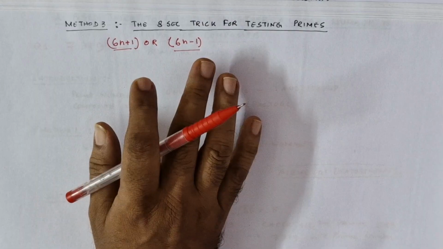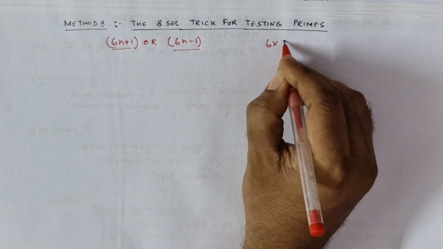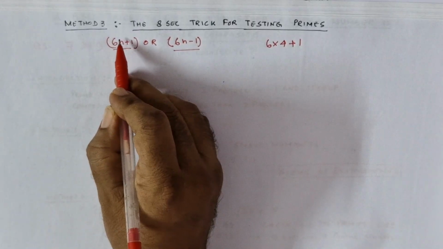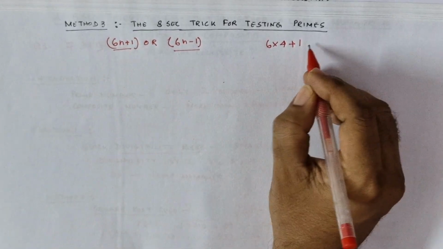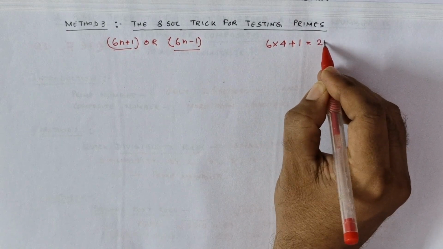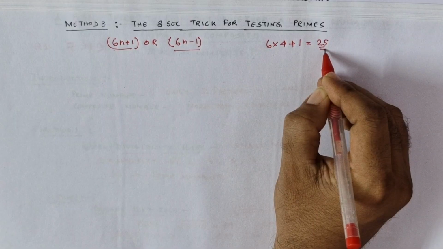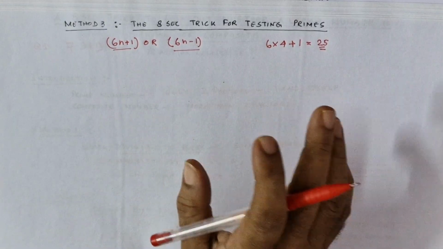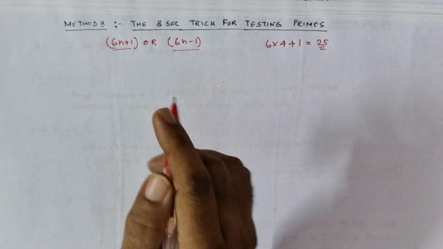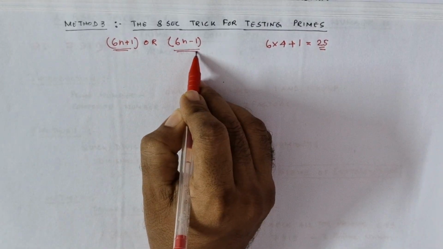Let's say 6 into 4 plus 1, so 6n plus 1 with n as 4. 6 into 4 plus 1 is 25. Now 25 is not a prime, it is a composite. So the reverse is not true. But if a number is prime, it must be in one of these forms.